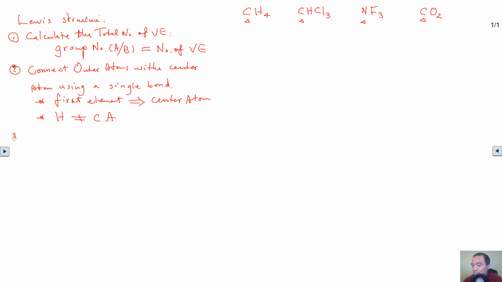Step 3. I want you to do the octet for outer atoms.